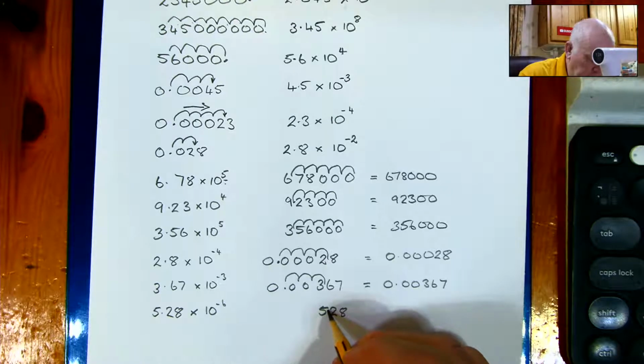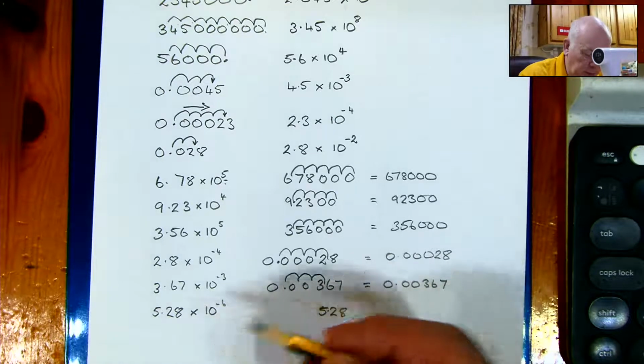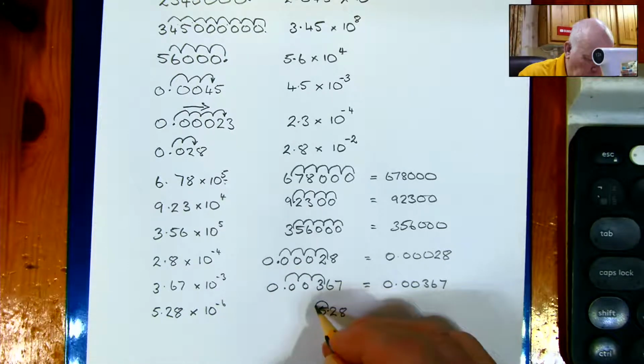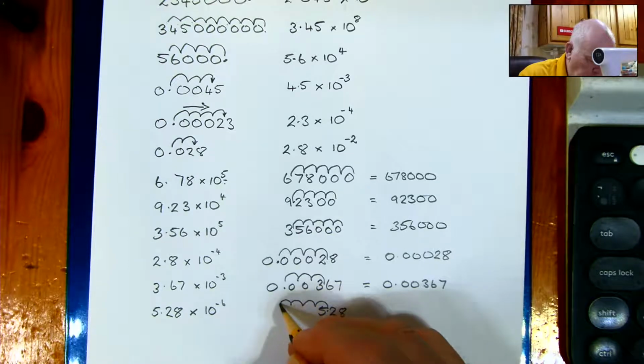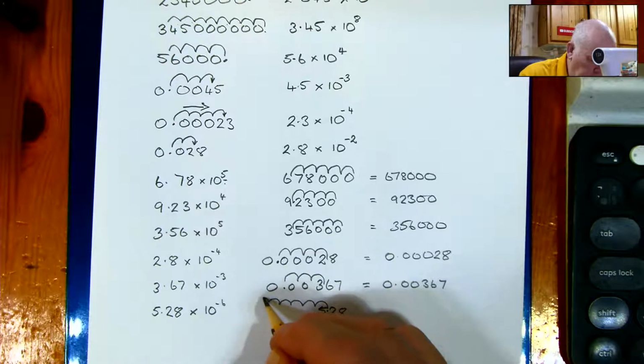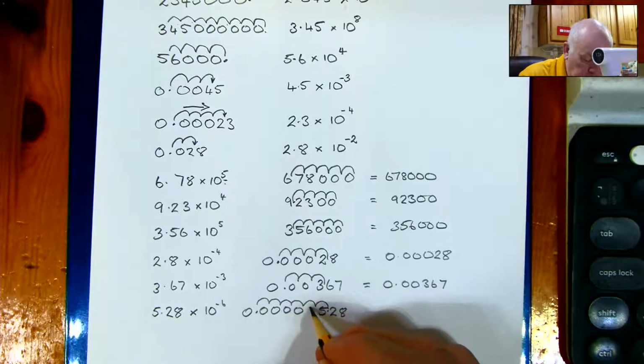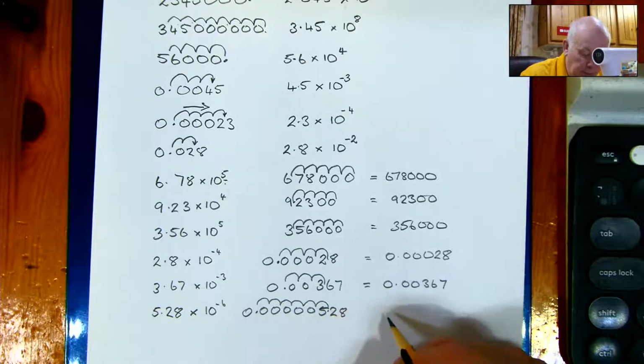So we start here, minus, so we're going to go in this direction. 1, 2, 3, 4, 5, 6. 0.00000528.